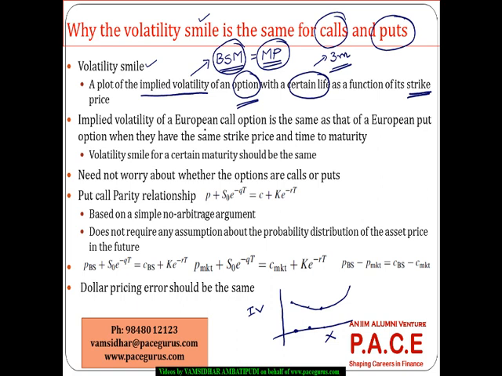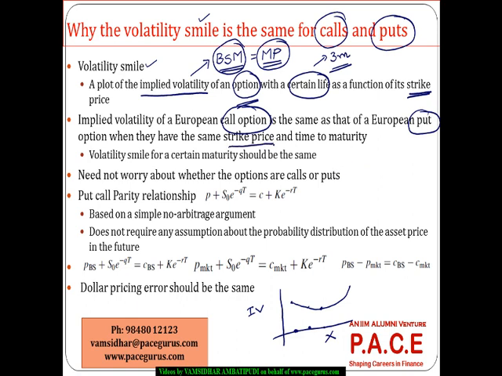Now what this text says is that the implied volatility, whether I am taking a European call option or a European put option, is going to be the same. This we can prove even from the Black-Scholes model as such.